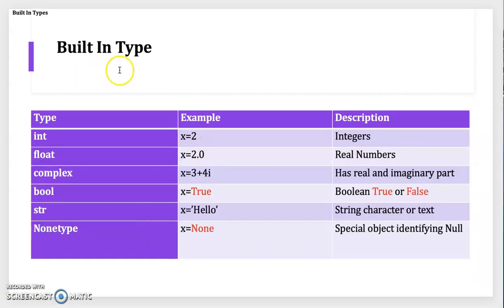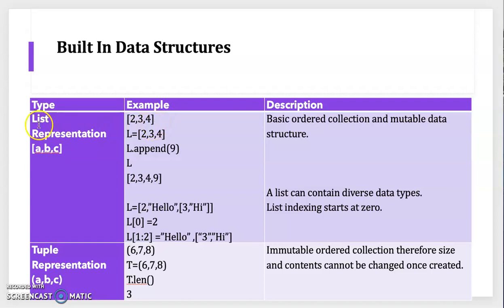We have many built-in types in Python. You have int, float, complex, bool, string, or a NoneType. And also we have the built-in data structures. We have the list using the square brackets. We have tuple, which uses the parentheses.